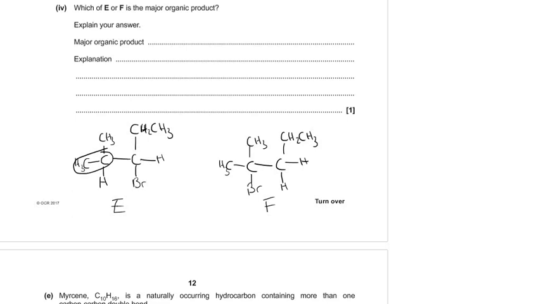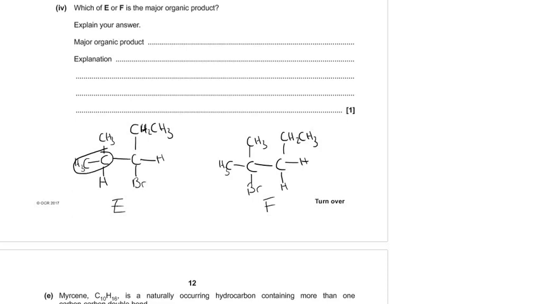This final part of question D, they're asking us which of E or F is the major organic product. So I've just brought the two structures I drew down. It's maybe different for you depending on which way around you drew the structures. But what they're asking for is which is the major product, so which one is most likely to form. And what they're really asking is, if we think about Markovnikov's rule, why do these different products form and where do they form?